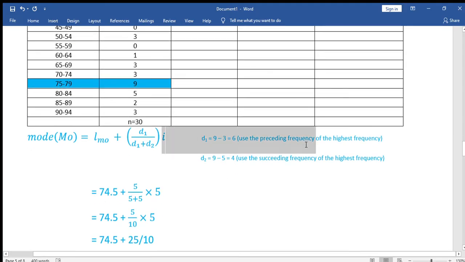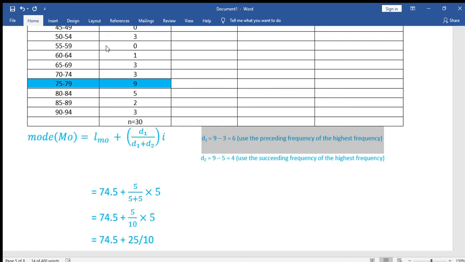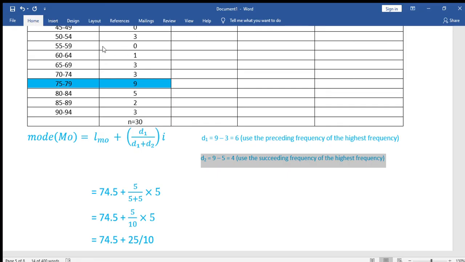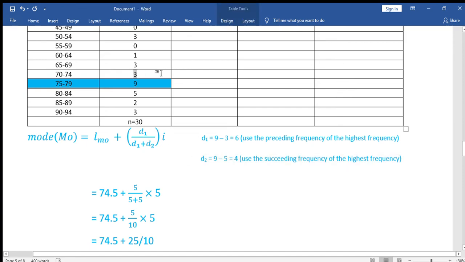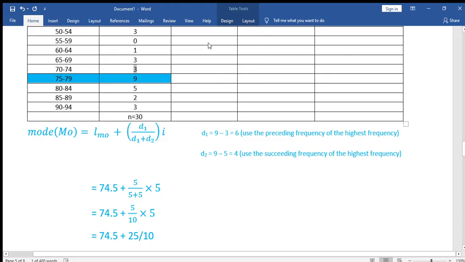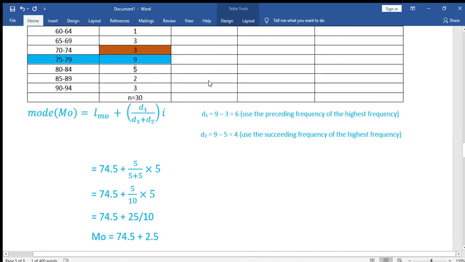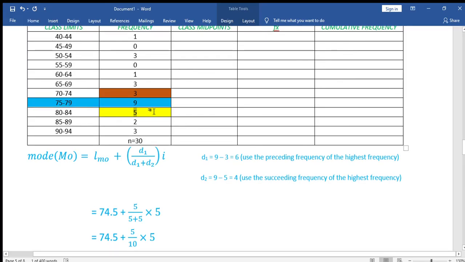So I'll repeat. To find out your D sub 1, your D sub 1 is the difference between your highest frequency and the preceding frequency. So that you will not be confused, let us put some color here. Let us put this as color brown, and this one, let's say, yellow.